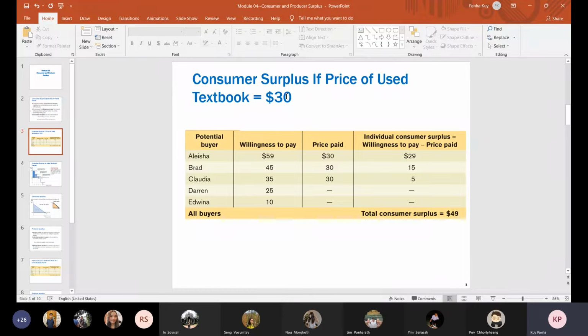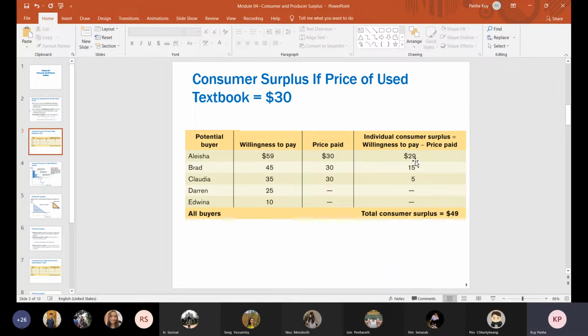We have potential buyers: Alicia, Brad, Claudia, Darwin, and Edwina. Their willingness to pay: Alicia 59 US dollars, Brad 45, Claudia 35, Darwin 25, and Edwina 10. The price they pay is 30 US dollars, the equilibrium price.